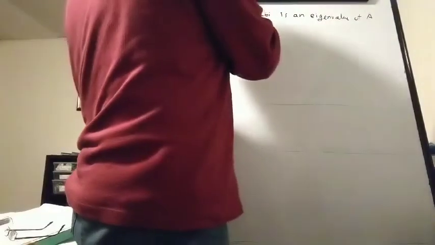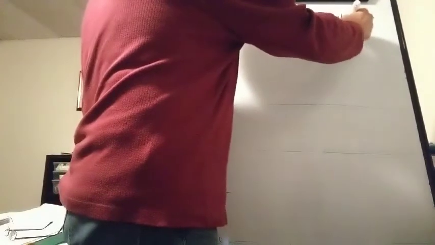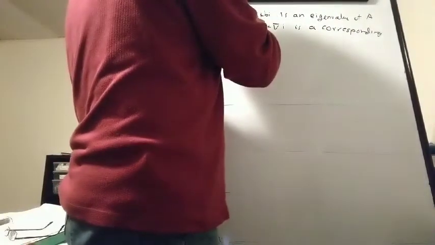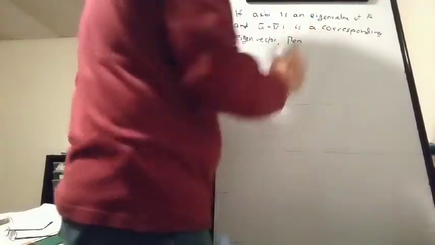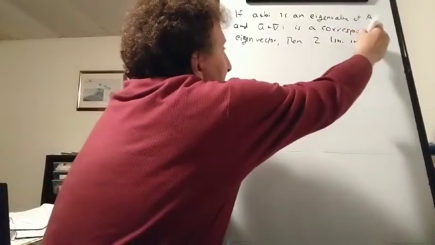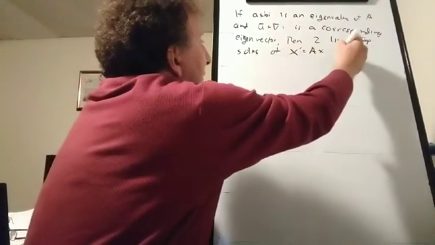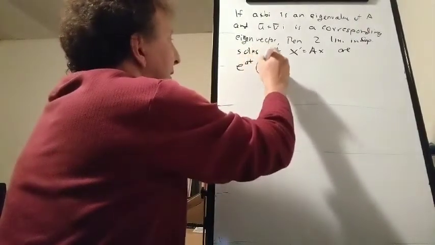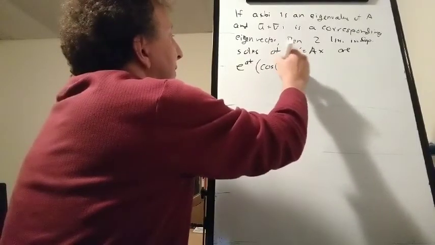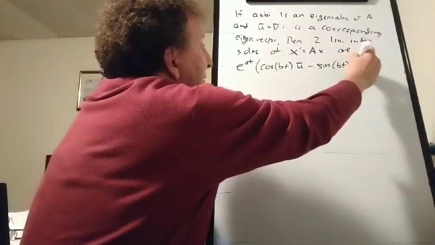So if a plus bi is an eigenvalue of A, and u plus vi is a corresponding eigenvector, then two linearly independent solutions of x prime equals Ax are e to the at times cosine of bt u minus sine of bt v.